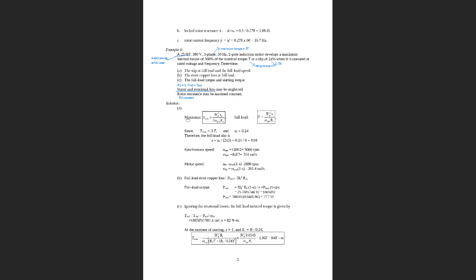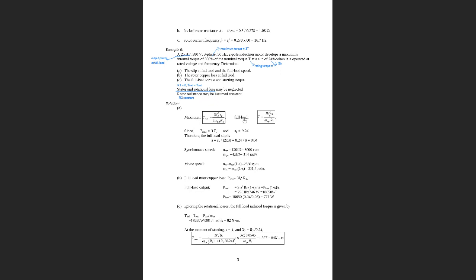First, we know that if we ignore the stator and rotation losses, then the maximum induced torque, or maximum output torque, is the same. It is proportional to 3 times the voltage squared, over 2 times the synchronous speed and R2, the rotor resistance, which can be seen as a constant. This is the maximum torque.